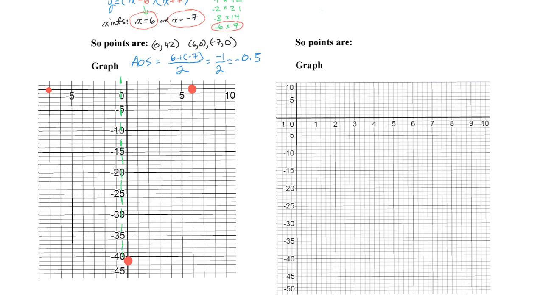Okay, now if I have the mirror line, this allows me to find the alternate point that we're missing. The alternate point for y is equal to negative 42, which we should have had up there, is going to be down here, negative 42, and it's just going to be right here.